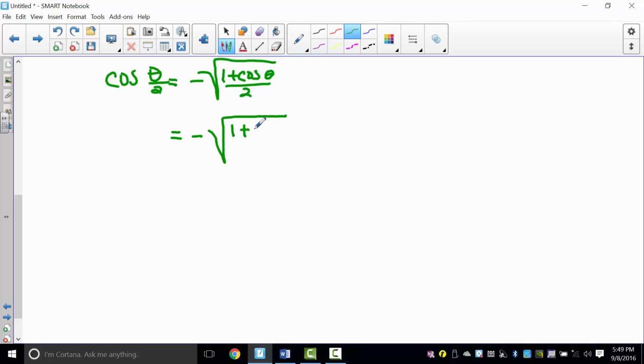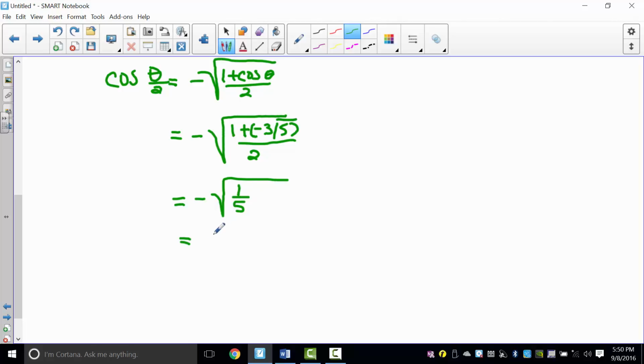1 plus negative 3 over 5, divided by 2. Again, everything under the radical you can enter into your calculator. Make sure you can do that correctly, and you will end up with 1 over 5.